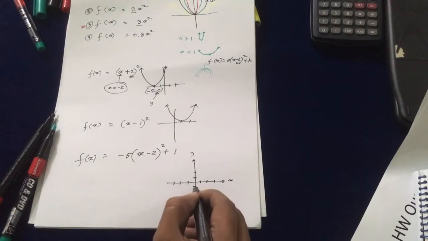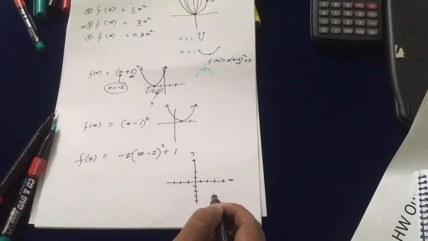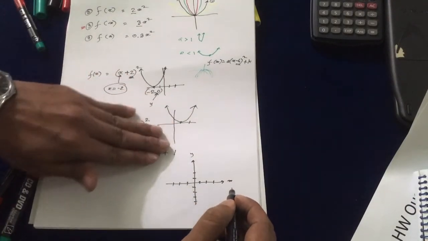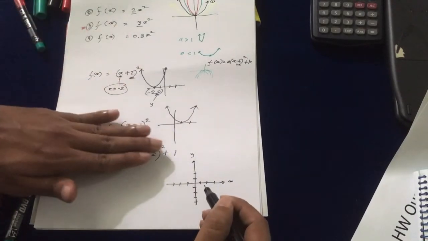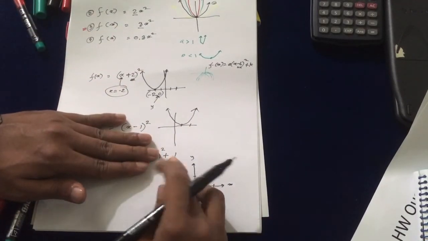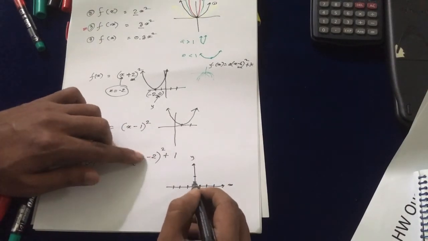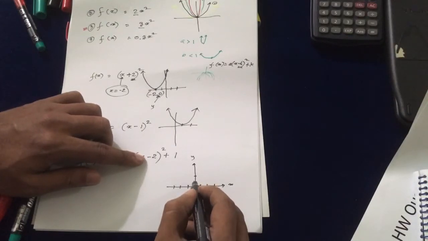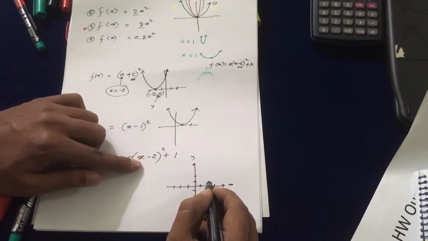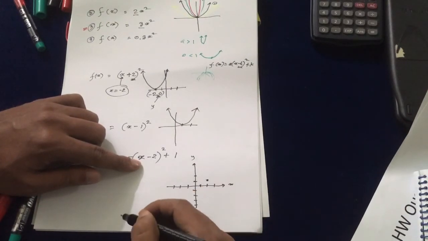These are minus, these are also minus. So just look at it step by step. For the +1, our graph should go to the 1, but this is not the end. For the -2, our graph will go to the +2. So +2 is here. Okay, so the graph should go there.